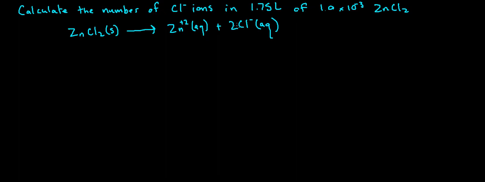The concentration of chlorine ions is going to be double the concentration of zinc chloride. It's just like a regular mole to mole ratio. Instead of moles though, it's concentrations. It works the same way though. So I need to figure out the total amount of chlorine ions. In order to do that, I need to figure out what the concentration of the chlorine ions is first, and then I can convert that into moles.